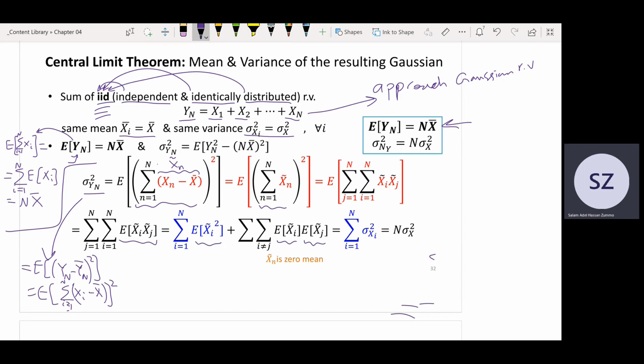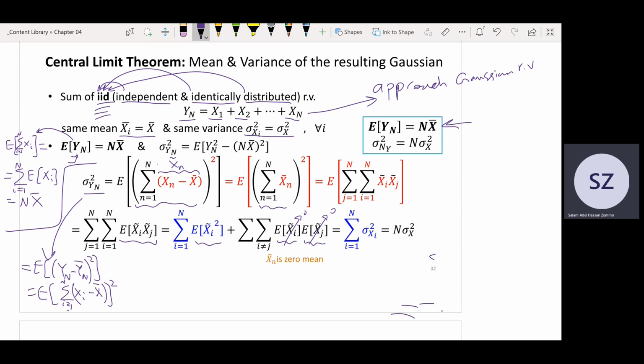Because simply the joint PDF factors, the expectation also factors. But what is the expected value of xi tilde? Zero. What did we do? We subtracted the mean, so xi tilde is zero mean. So this is 0 and this is 0, so the whole thing is 0.